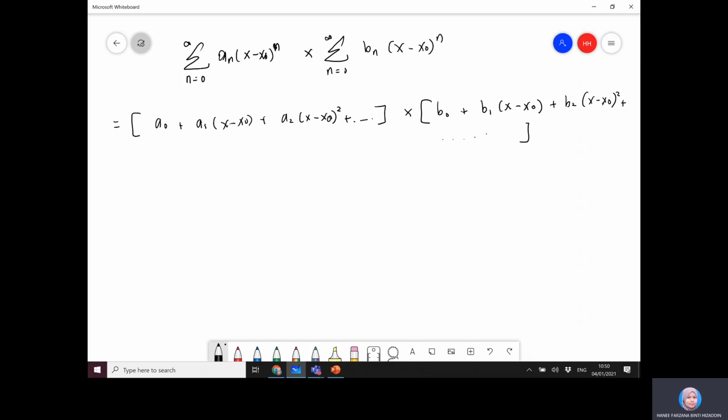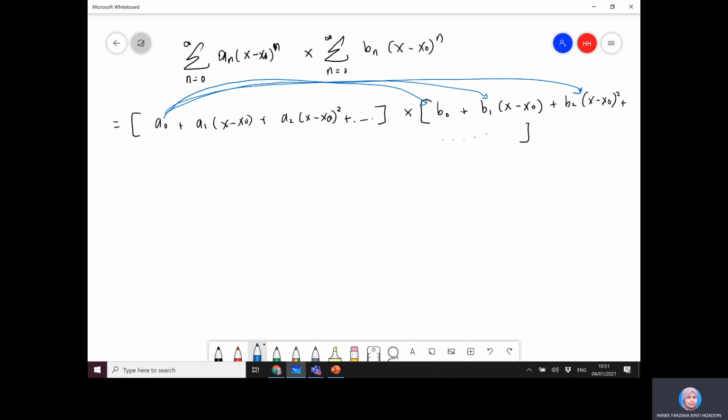So here, when you multiply the series, you have to be careful because you need to expand it term by term. This a naught multiplies b naught, this a naught still multiplies the b1 term, and this same a naught will multiply the b2 term.